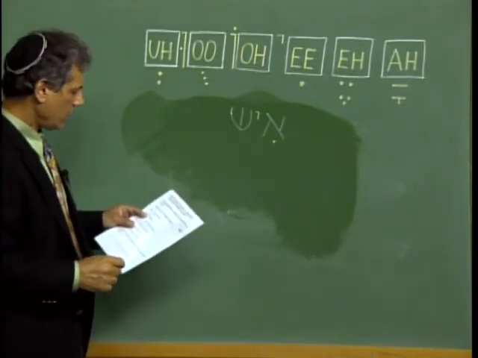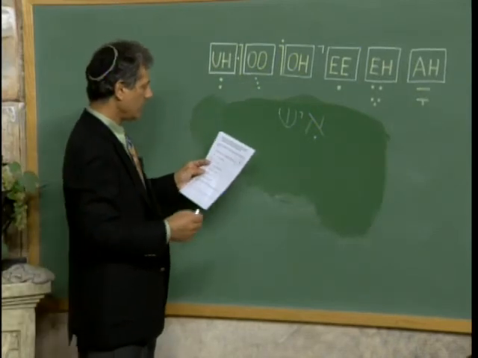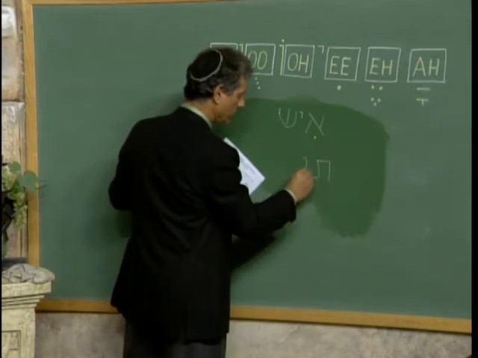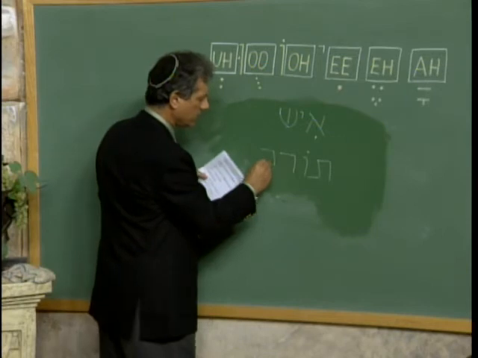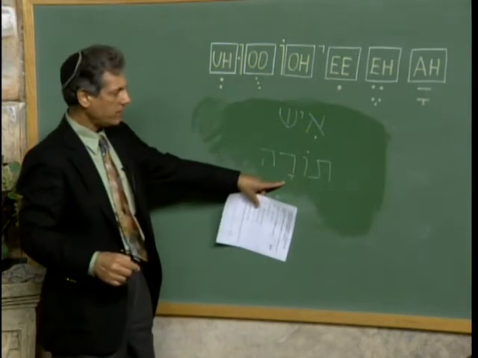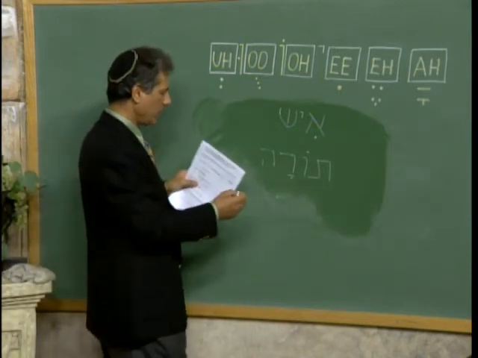That's Ish. If we want an example for the O sound, that's Torah. To, that's an O sound. And Ra, the letter Resh with the A sound. So Torah, or words like Moshe.